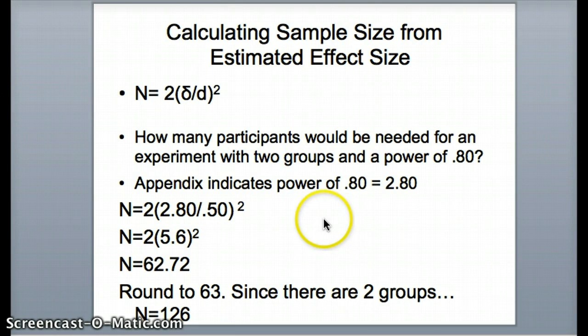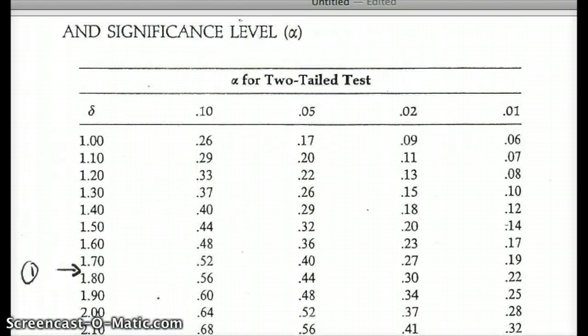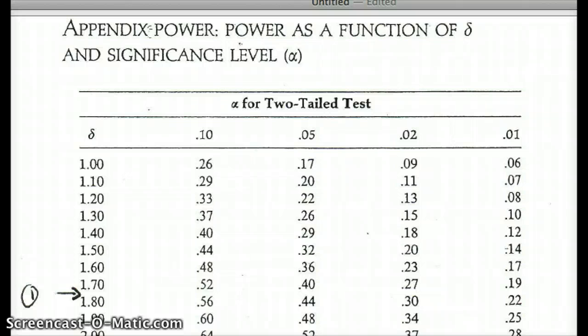So we have to figure out for a power level of 0.80 what is our delta. So we go back to the table that we used for the conversion of power to delta and delta to power. So again, this is delta, and we decided we want to use an alpha of 0.05, our sort of gold standard that we use.